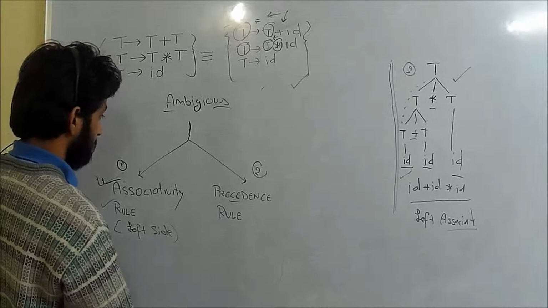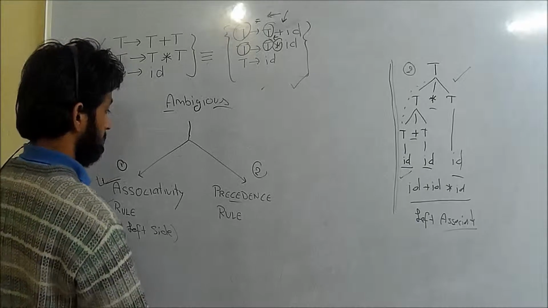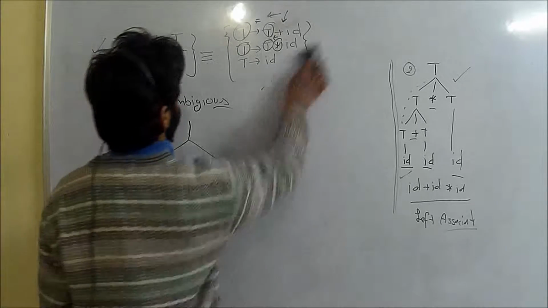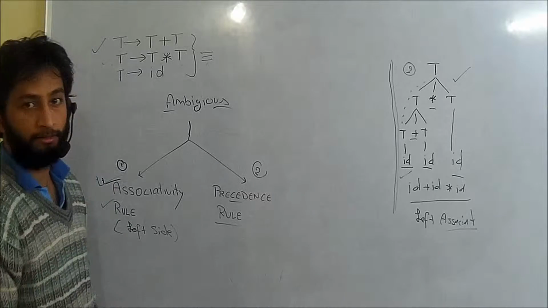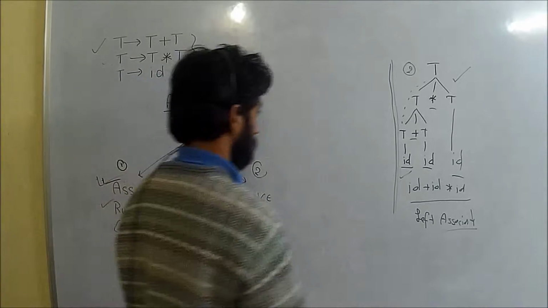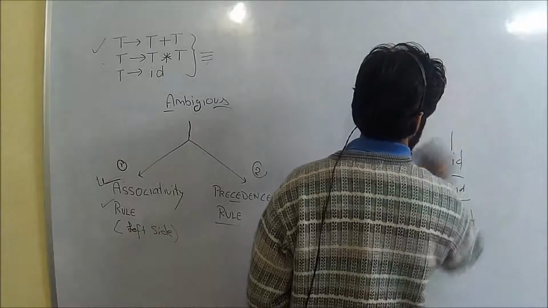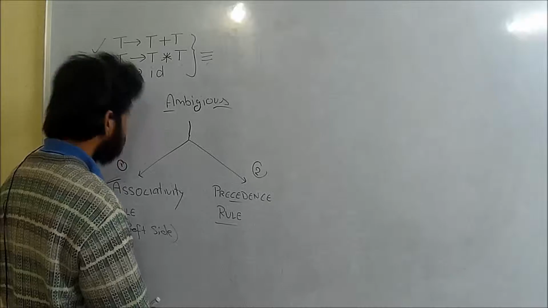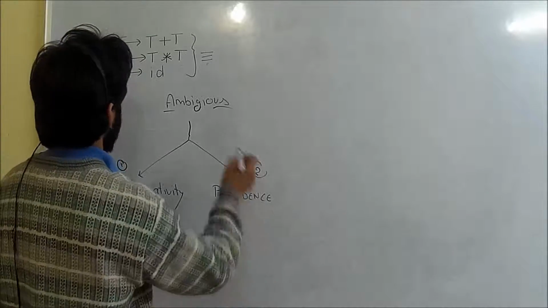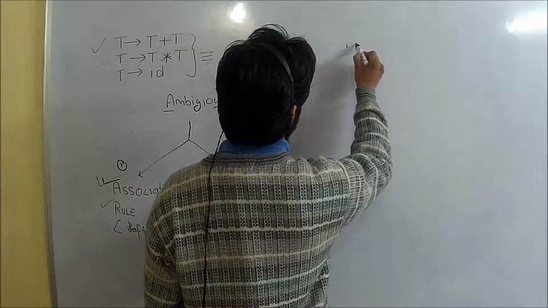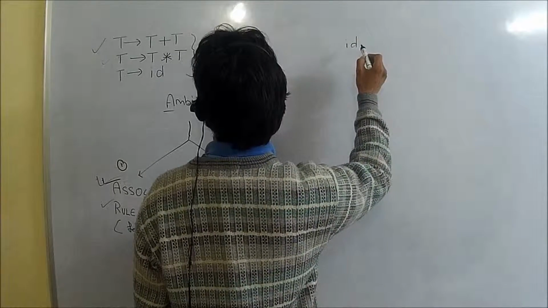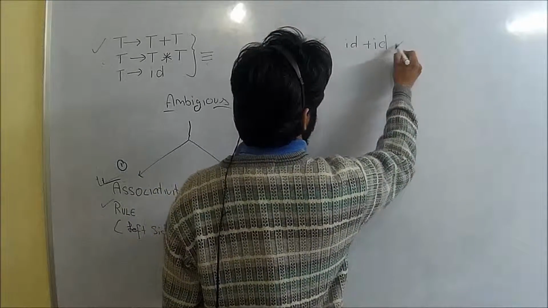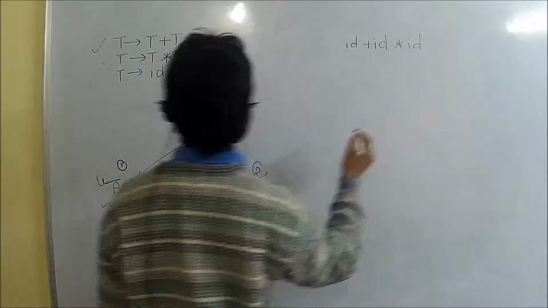This one is the first rule, and the second rule is the precedence rule. Let us see the precedence rule in detail. For the same grammar, I have the string id plus id star id.